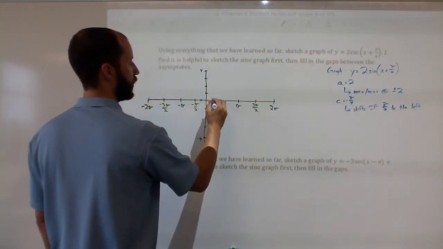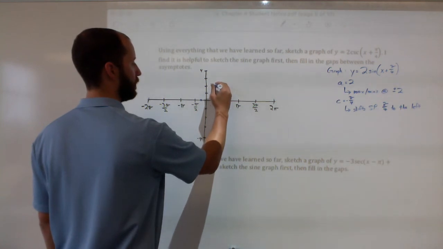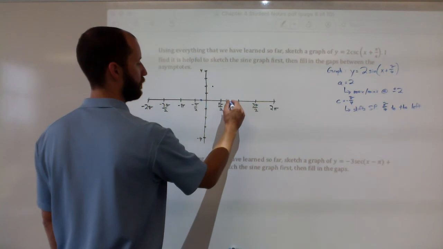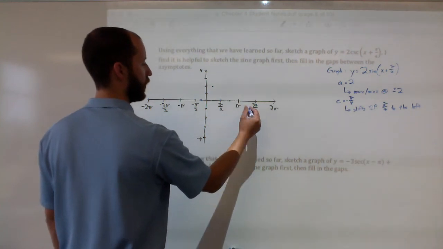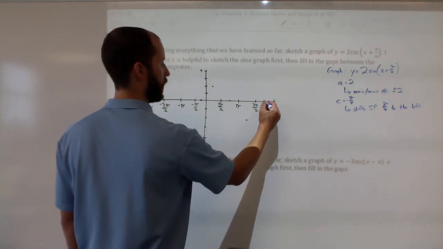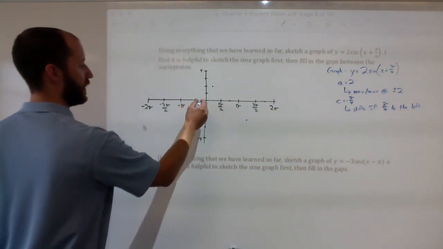So go a quarter value over, in between 0 and pi over 2, I should be at a maximum. Go another quarter value over, in between pi over 2 and pi, I'm at a 0. Go another over, I'm at a minimum, negative 2. Go another one over, I'm at a 0. And then do it the same way going this way.